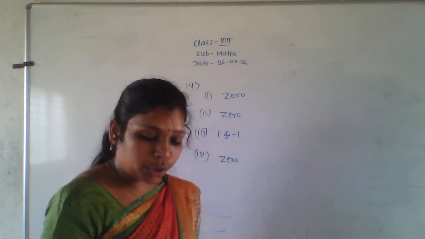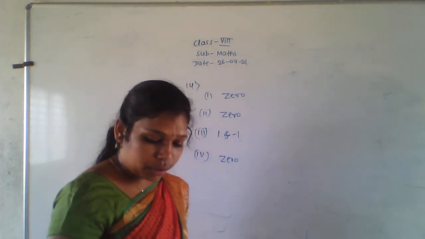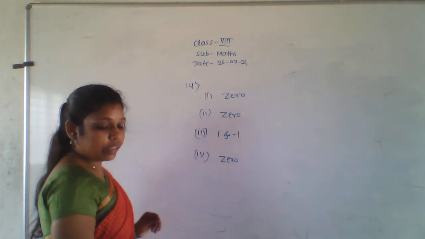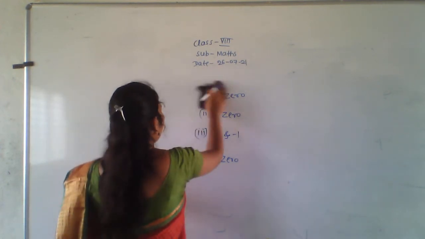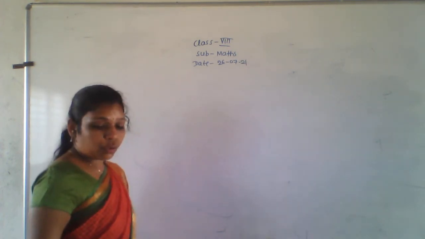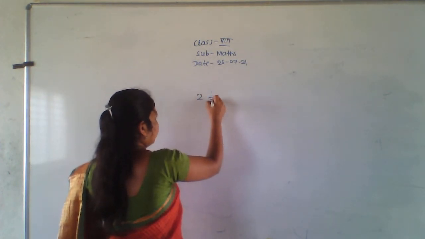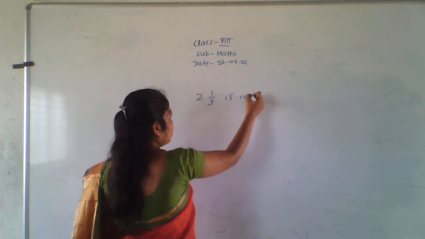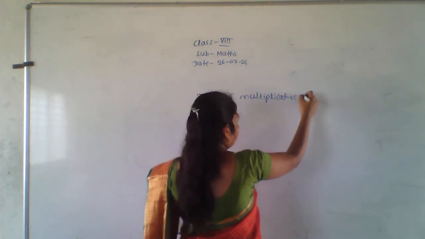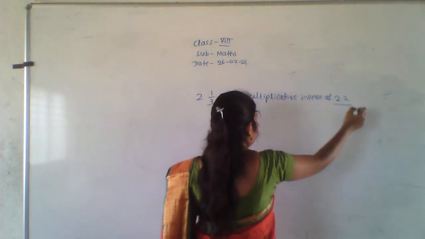Check whether 2 integer 1 by 3 is the multiplicative inverse of 2.2. Okay? They are asking here, check whether 2 integer 1 by 3 is the multiplicative inverse of 2.2.